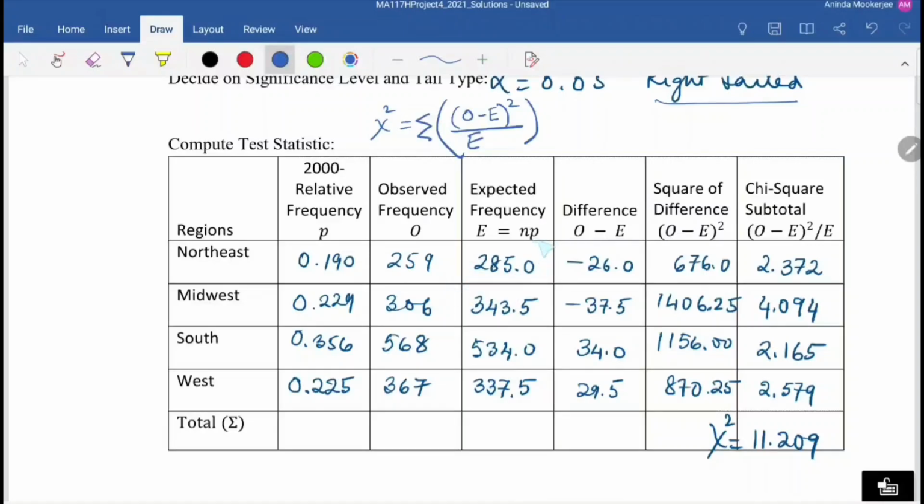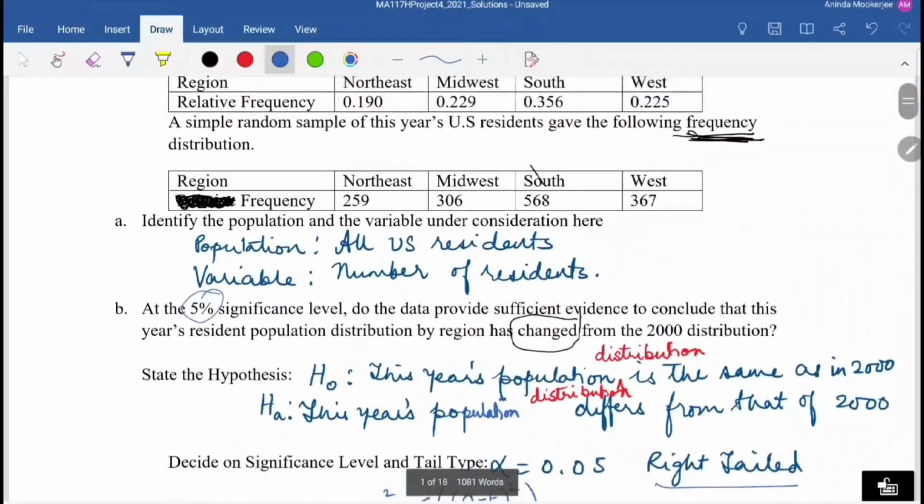So what is N? What is P? P, of course, are all the proportions in the first column. N represents the total observed frequency. That's your N, all right? And you have to sum up all these values here under observed frequencies.